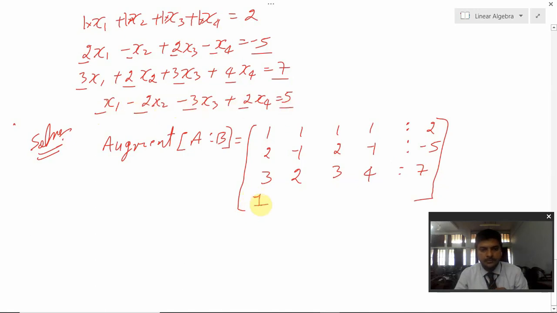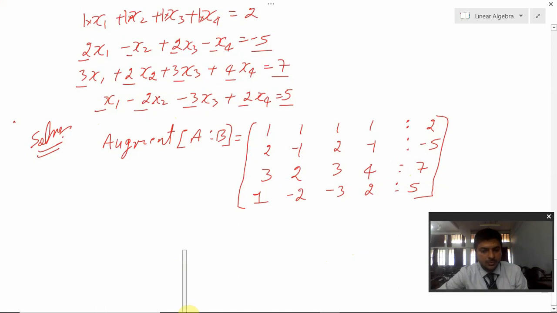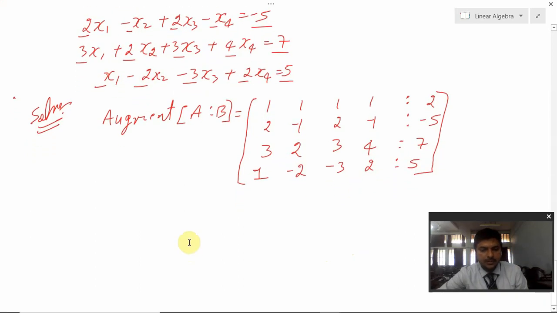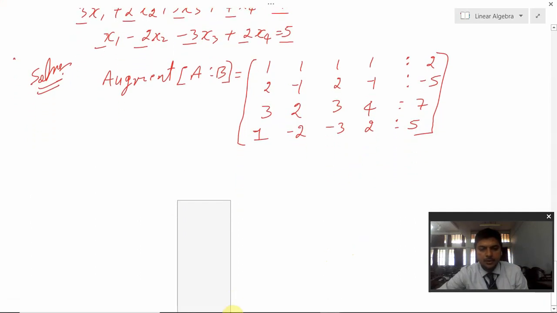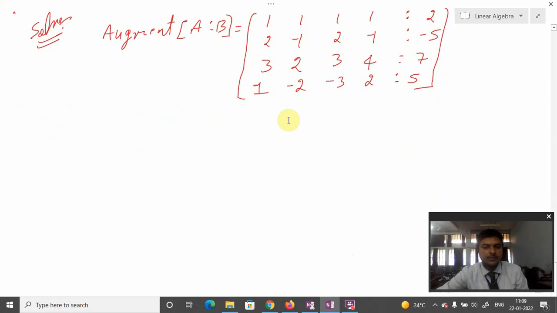So this is 1, minus 2, minus 3, 2 and this is 5. Okay, so you got the matrix now. Now you have to go for transformation. Row transformation is very helpful, very important, easily one can do it.